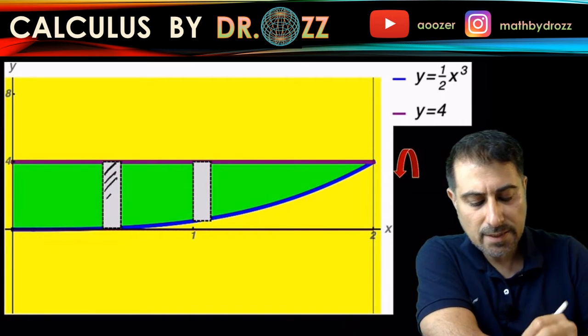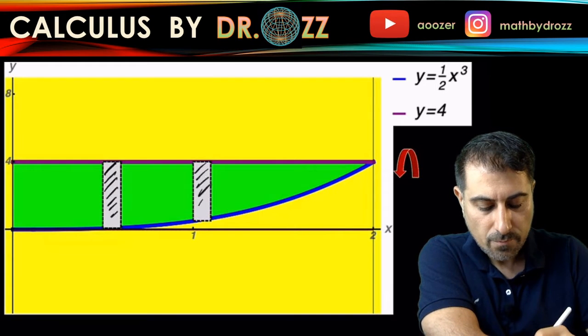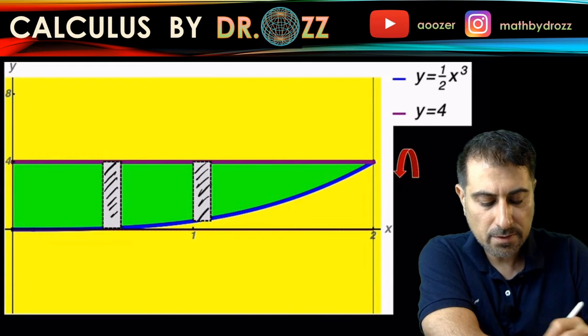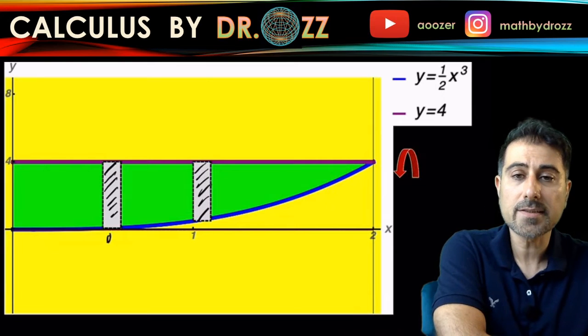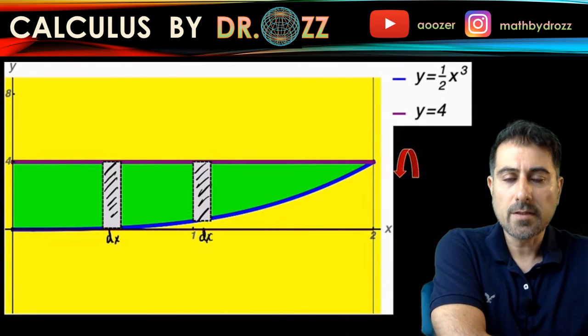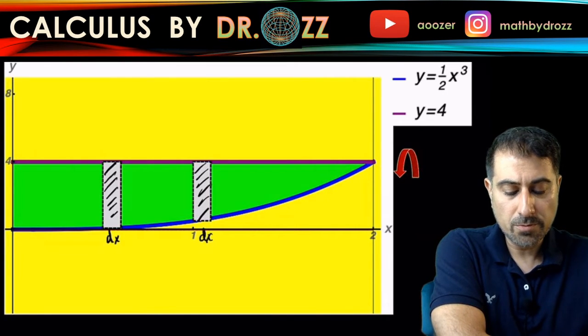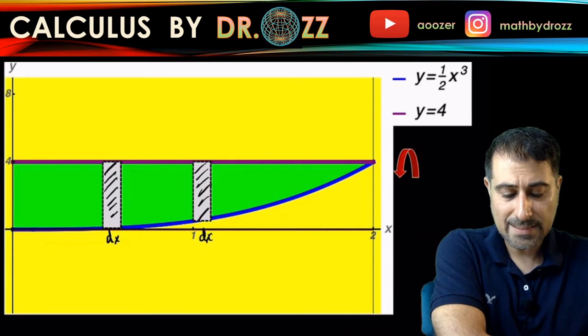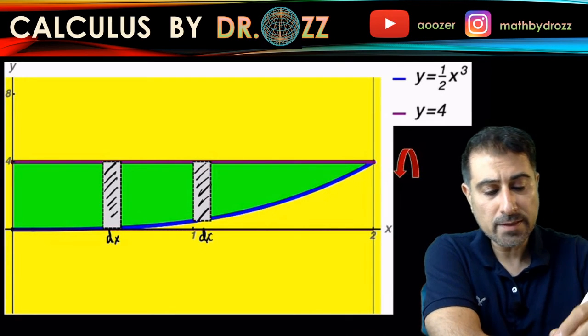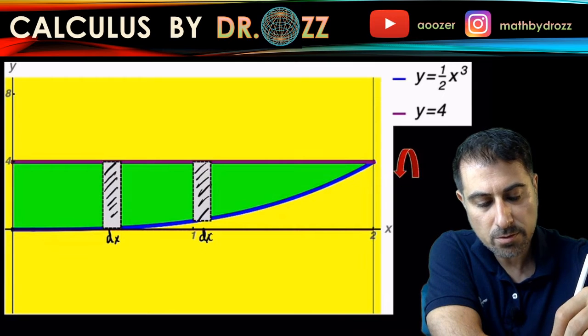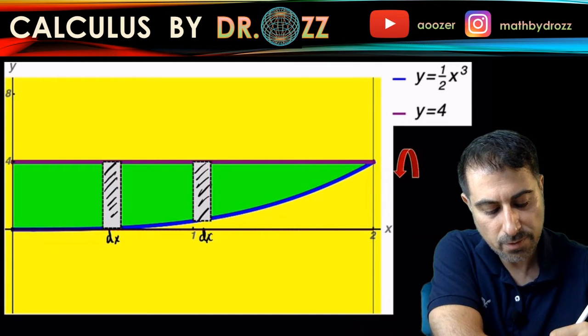Let's say the thickness of each slice is dx. Let's revolve one slice around y equals 4 and see what it looks like. Let me choose my representative disk, like this one.